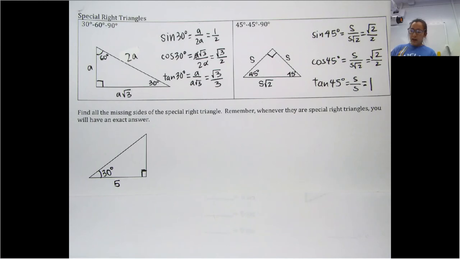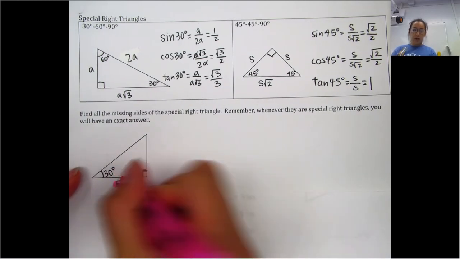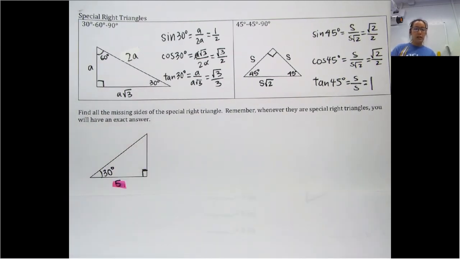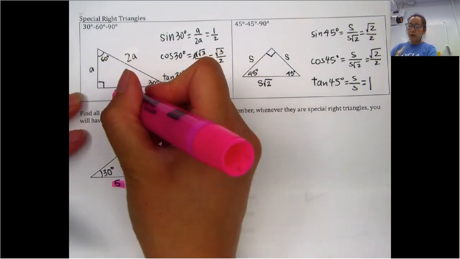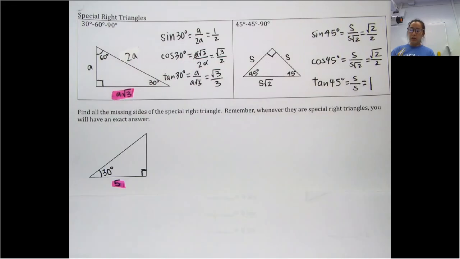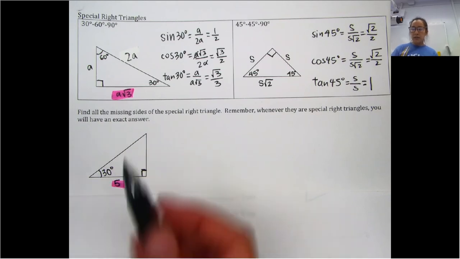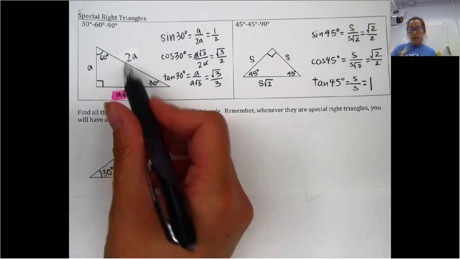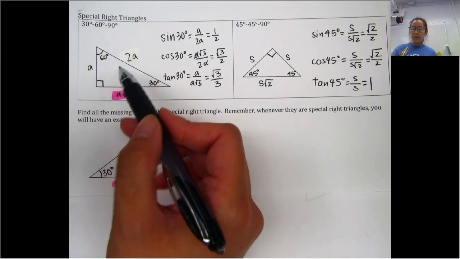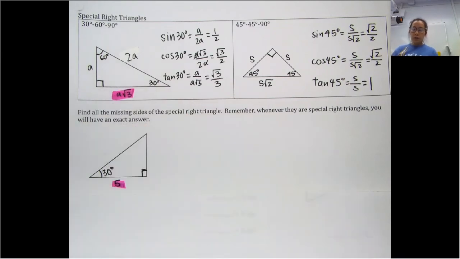Since this is the side that's next to the 30-degree angle, so it's adjacent to the 30-degree angle, this one is going to be equivalent to this one right here next to the 30-degree angle. And so what you want to do is you set this number equal to the positioning of the special right triangle that we have, and then you want to solve for A. When you solve for A, that gives you the proportion of your right triangle, and you can figure out the other sides.